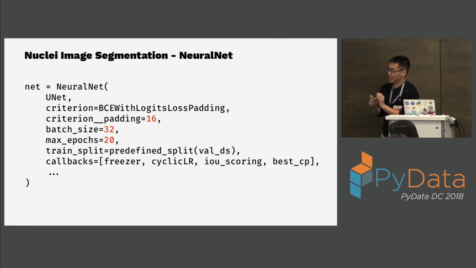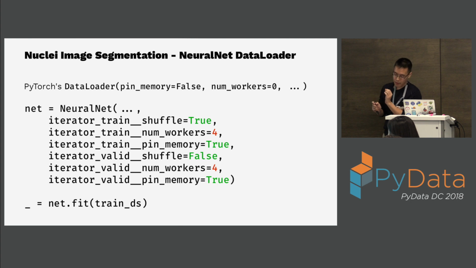I've been ignoring slight technical-ish details about defining this thing. There's a little bit more parameters to set because internally Skorch uses the data loader object in PyTorch, which consists of these two parameters and more, the pin memory and the num workers.